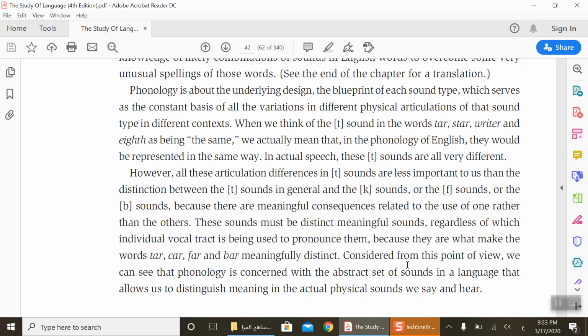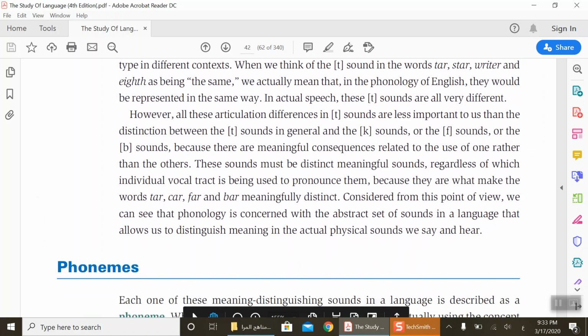Consider from this point of view, we can see that phonology, so from this point, another definition for phonology is concerned with the abstract set of sounds in a language that allows us to distinguish meaning in the actual physical sound we say and hear. This is another definition of phonology.